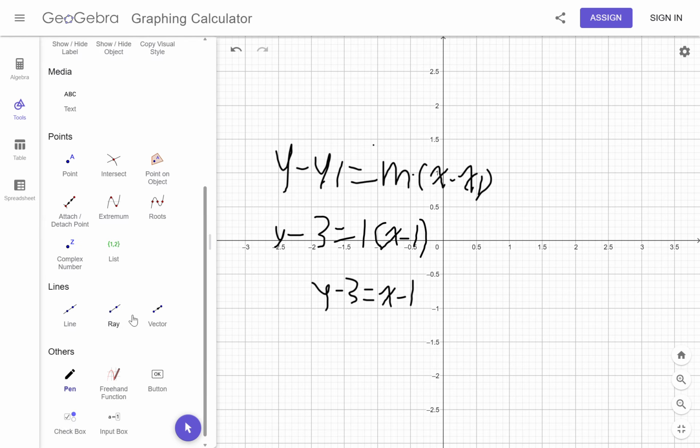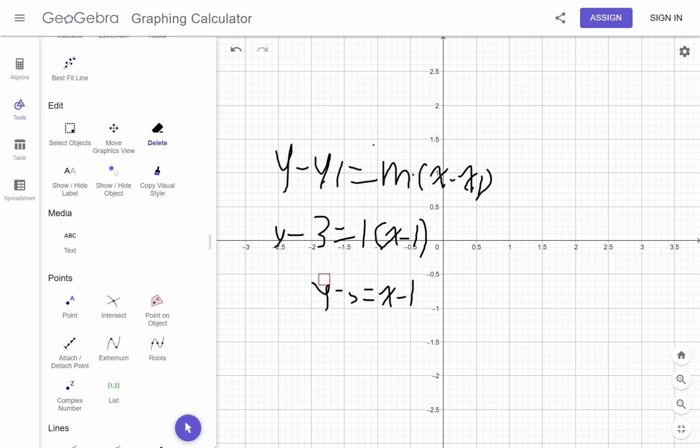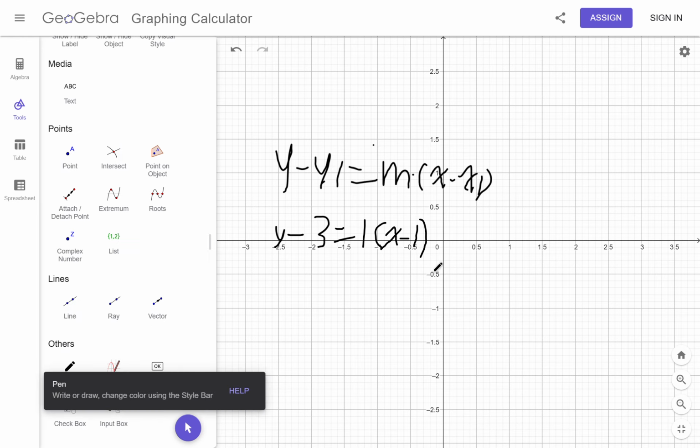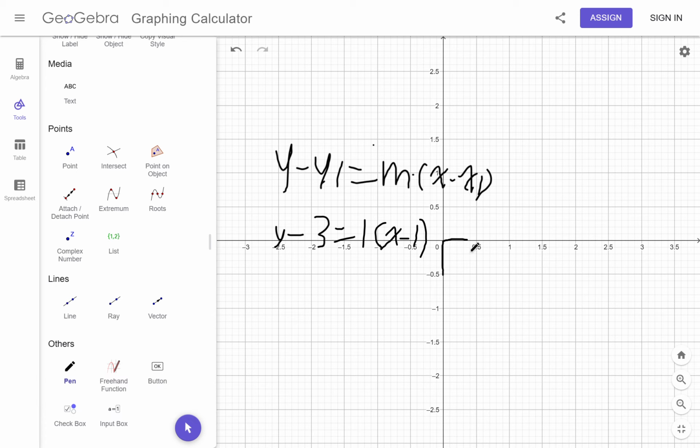So let's draw the line. We know the slope is 1, so we rise 1 and run 1. So it would look like this. Now we know a point on the line has the coordinates y equals 3 and x equals 1.